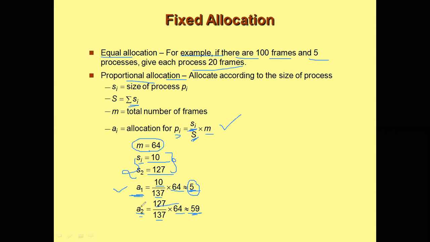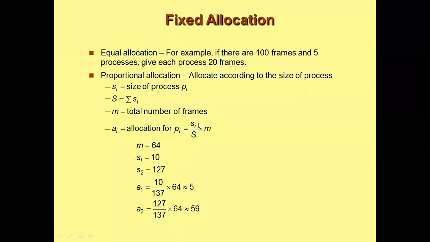But here we are seeing that a high priority process has got fewer frames compared to a low priority process, and it was only based on the number of pages they required. This is one disadvantage of proportional allocation: irrespective of their priority, it is simply allocating frames based on a particular formula or equal allocation. There is no importance given to high priority processes here.